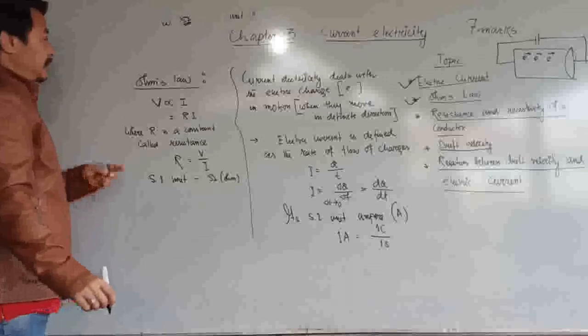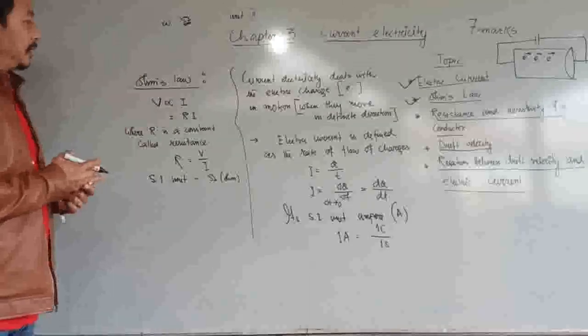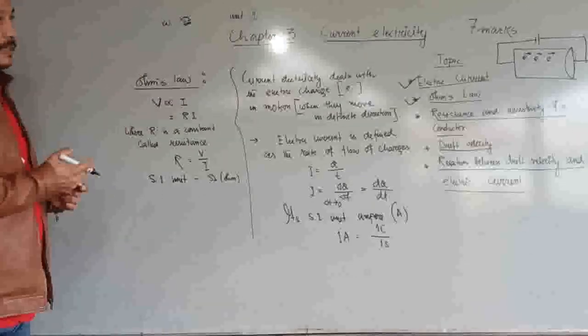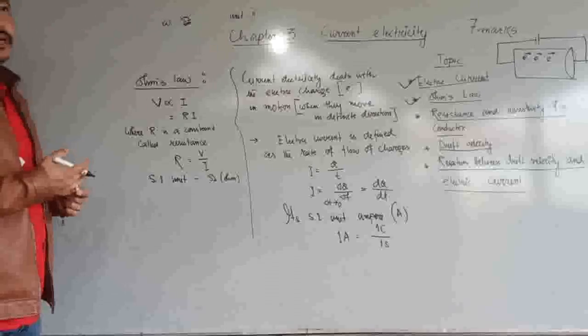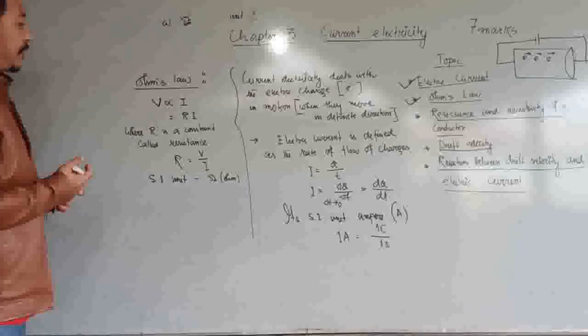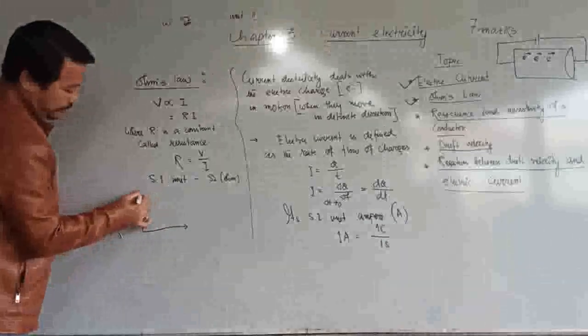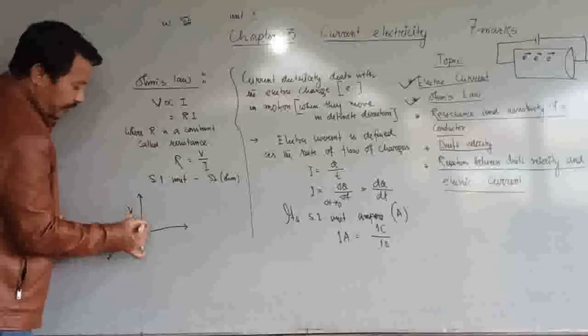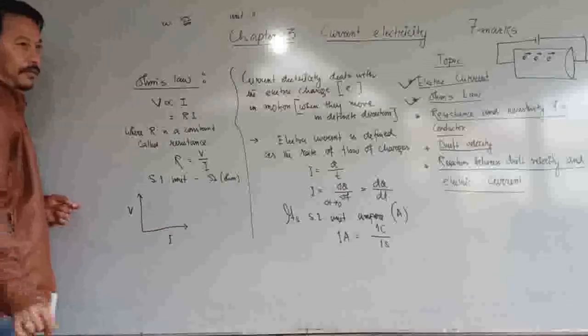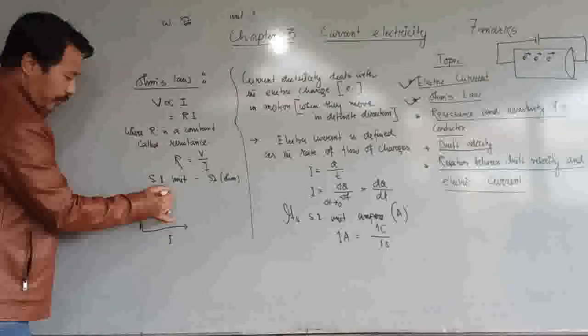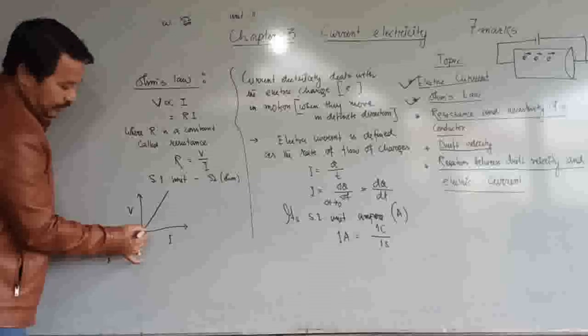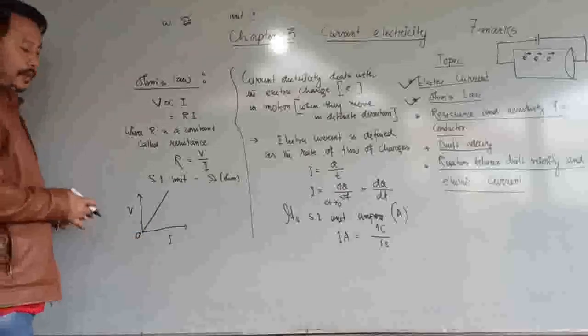Now the graph that represents the VI relation. The VI graph is a straight line passing through the origin.